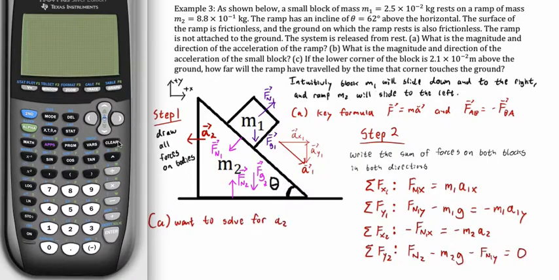So how do we go about doing that? Well, we can say that A2, using just the sum of forces in X, is going to be Fn1 X component divided by M2.